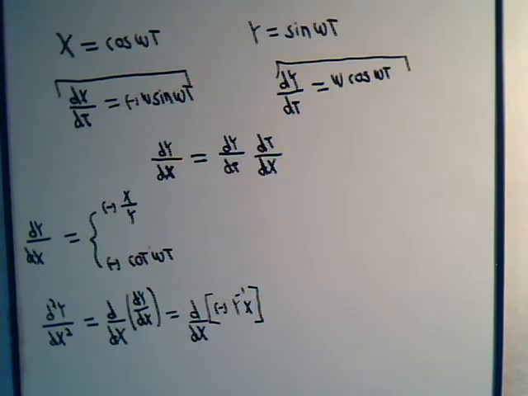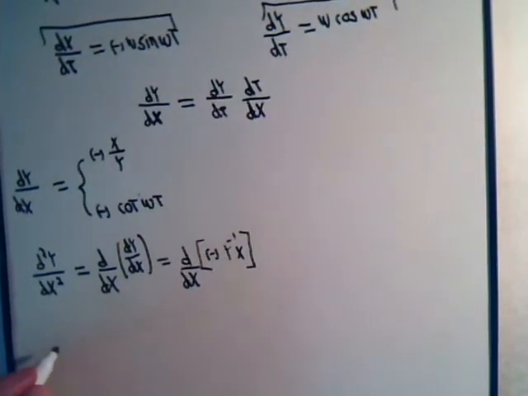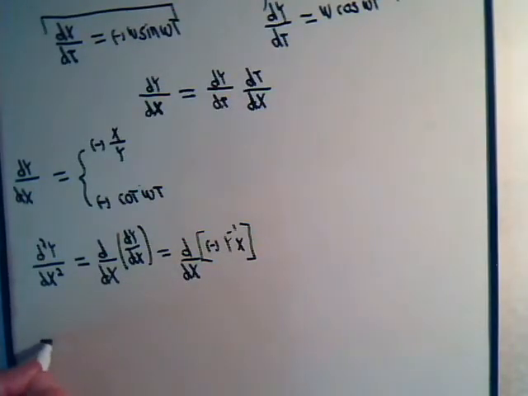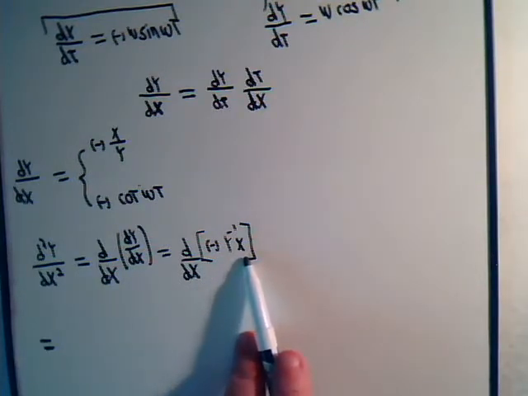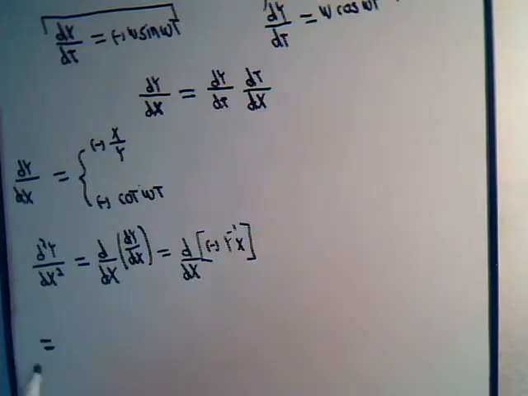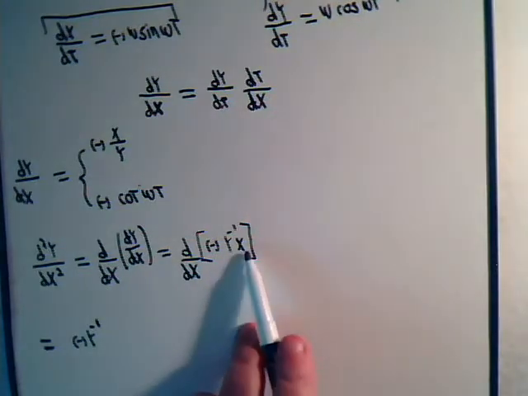So let's see. We have this times the derivative of this plus this times the derivative of this. Let's write it down here. So this will be equal to this times the derivative of this, so we have minus y to the minus 1, and the derivative of x is just 1.